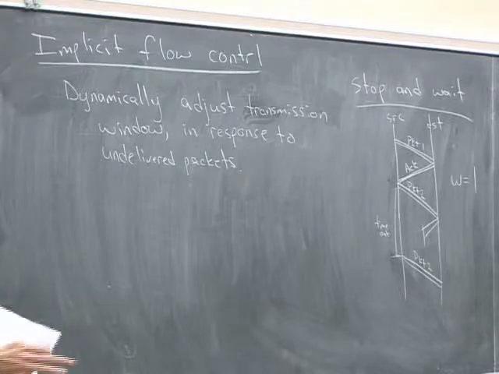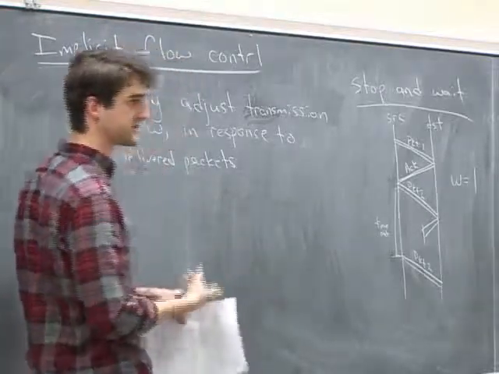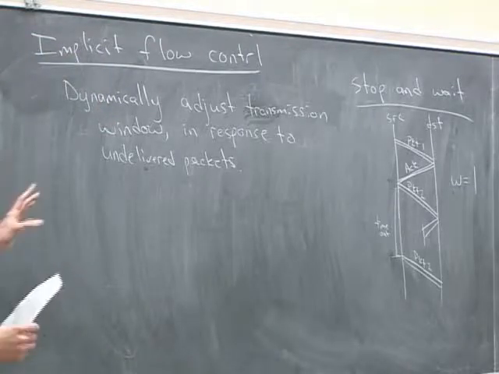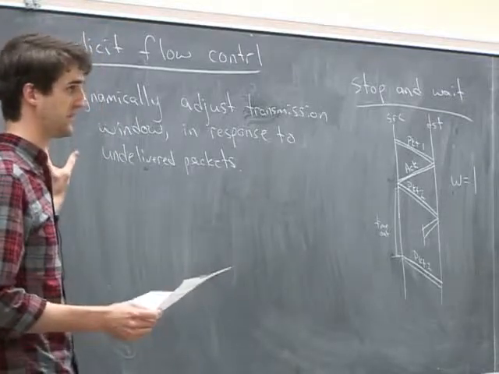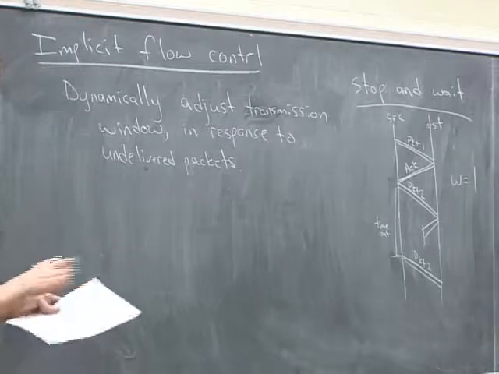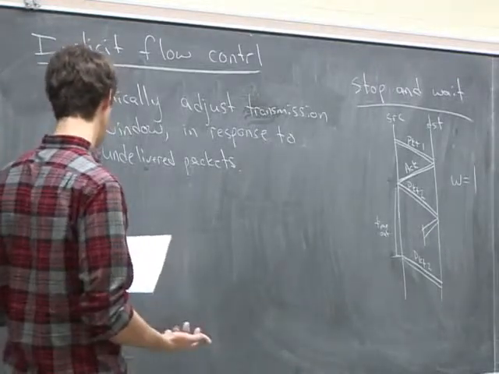Now how do you notice that a packet wasn't delivered? We'll use the same tricks: timeouts, sequence numbers, and so on. For now, I'm just going to assume that you can notice when a packet isn't delivered, all right? And next time we'll go into what that actually means and what to do about it.